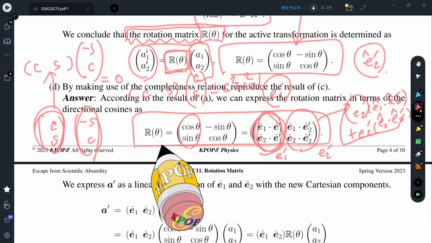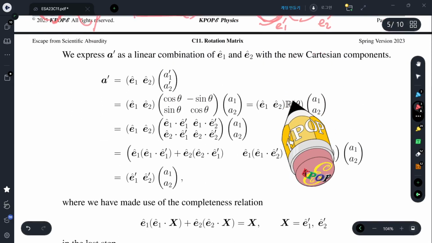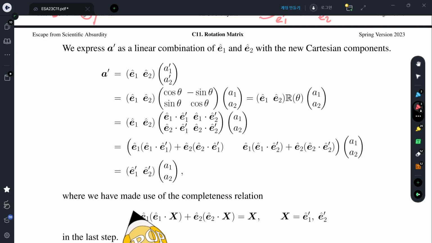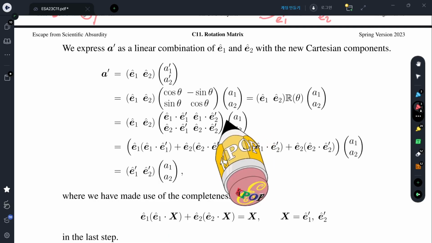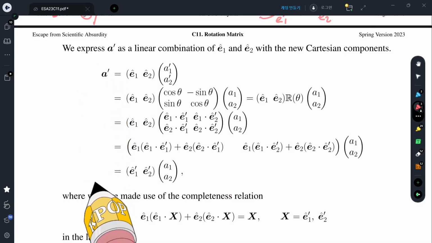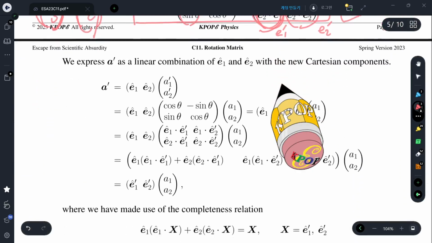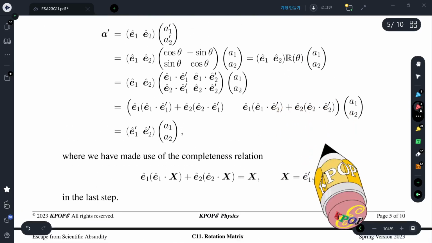That's the reason why the inverse matrix is trivial to obtain. Actually the transpose is the inverse. We will find that after. So this is just a reproduction of what I have told you about the completeness relation.